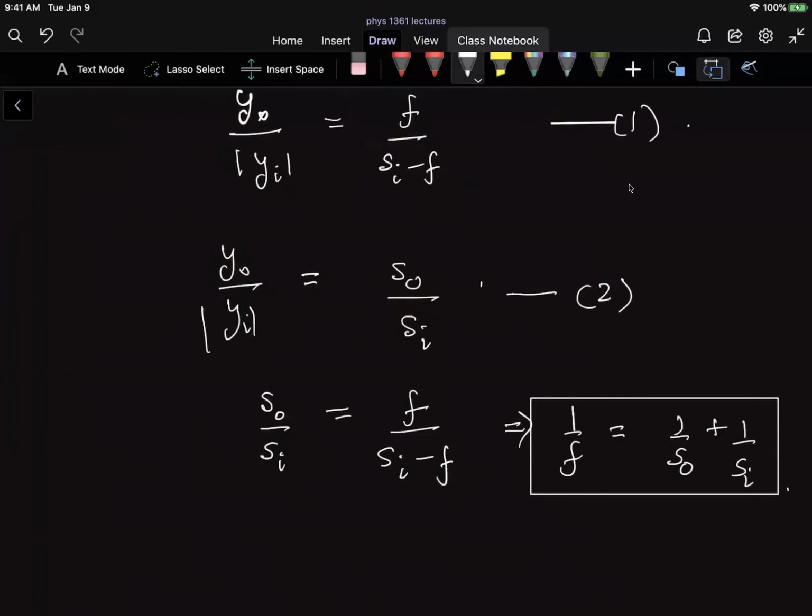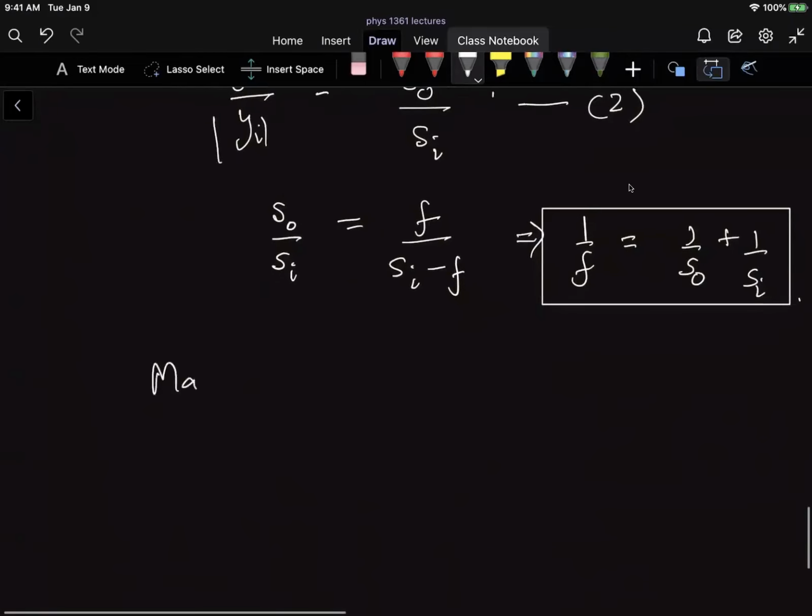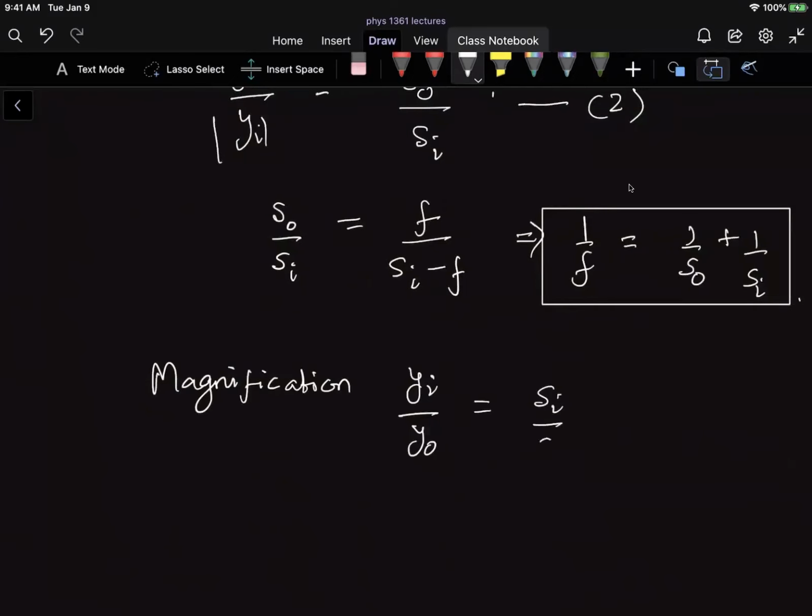So that's nice. It tells us that ray tracing is a good way, is correct, because it gives back a formula that we derived through other means. But furthermore, it also helps us to see that the magnification YI divided by YO is simply equal to SI divided by SO in magnitudes, right?